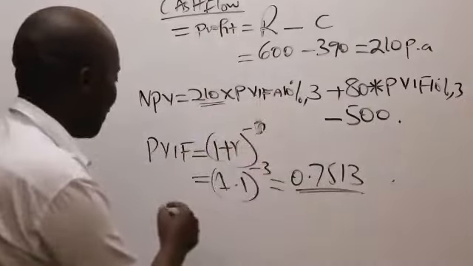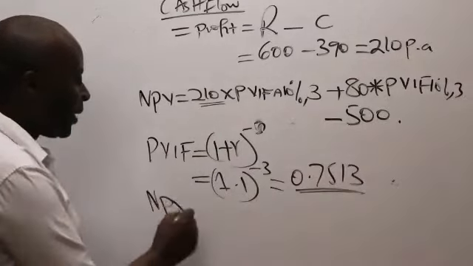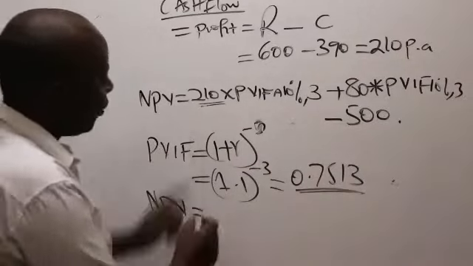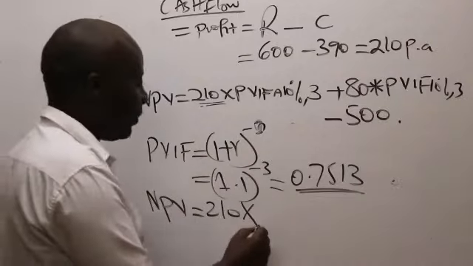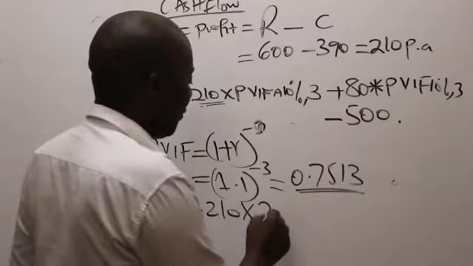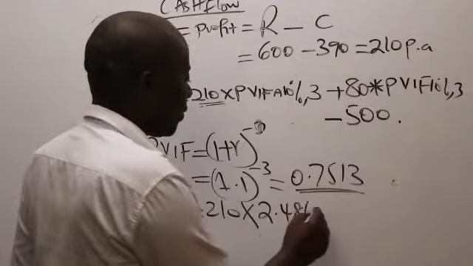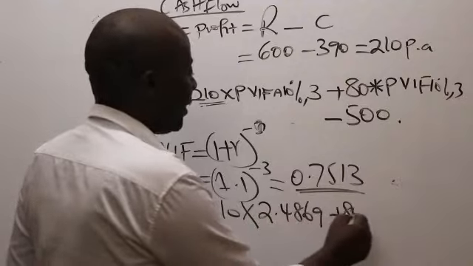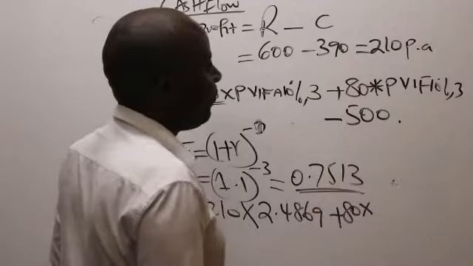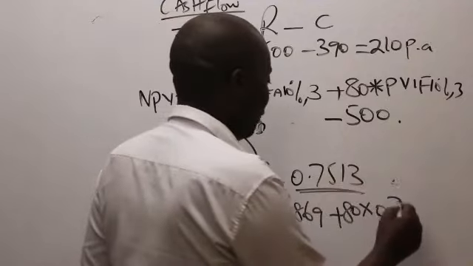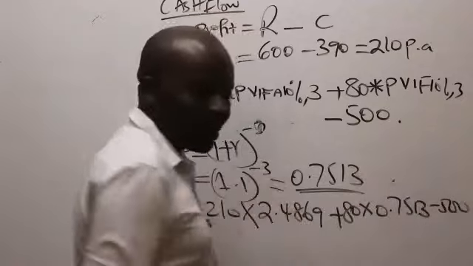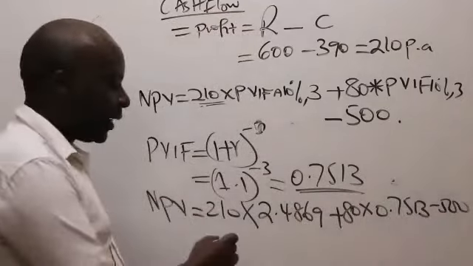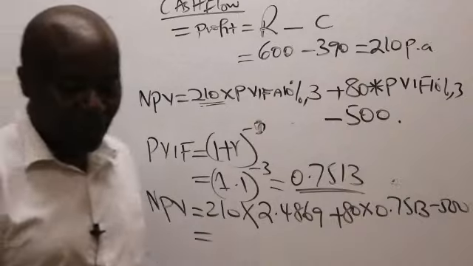Now after that, let's plug in the figures and get the net present value. The net present value will be 210 times PVFA, you gave me a figure of 2.4869, plus 80 times PVIF, which is 0.7513, minus 500, which will end up giving us what as our net present value?